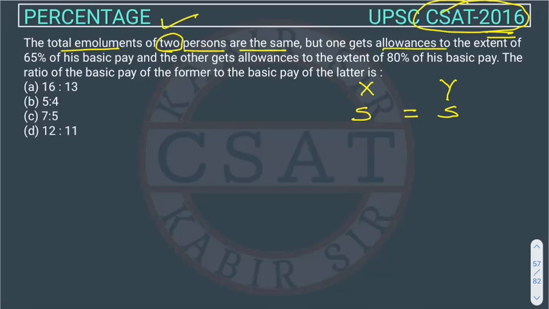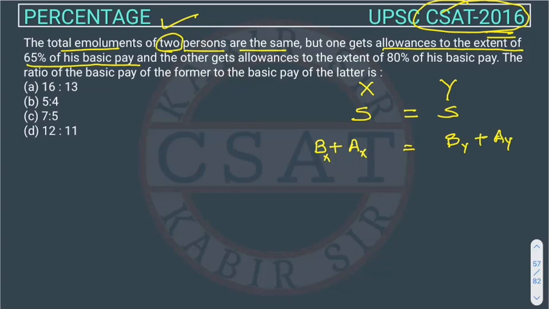But one gets allowances to the extent of 65% of his basic pay. And the salary includes basic pay plus allowances, right? So here also basic pay of X plus allowances of X equals basic pay of Y plus allowances of Y.